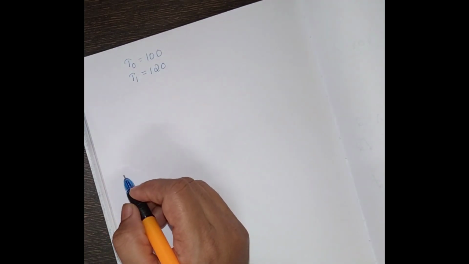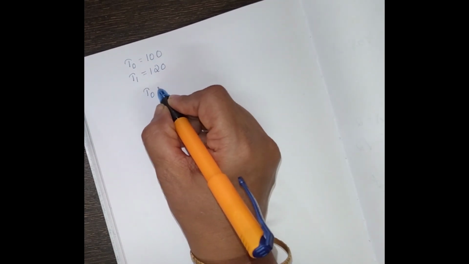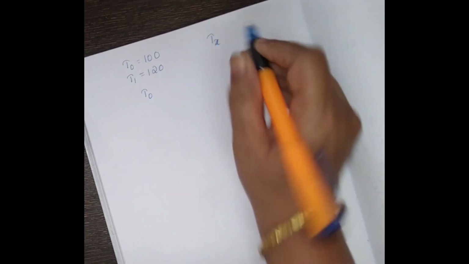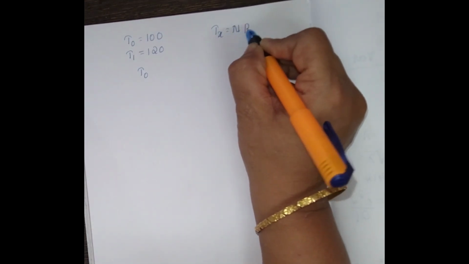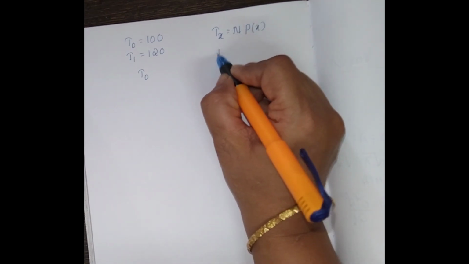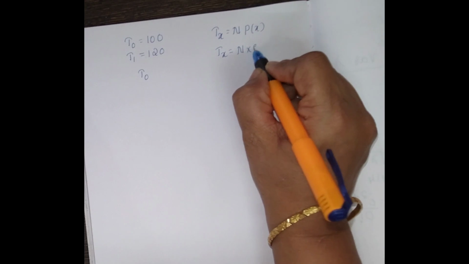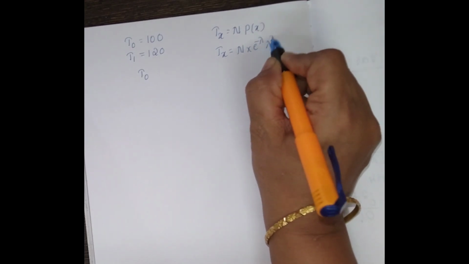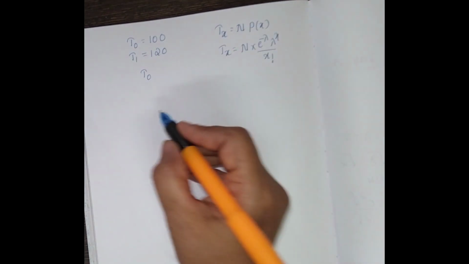Then tx, that is capital Tx, is equal to capital N into p of x, that is N into e to the power minus lambda, lambda to the power x divided by x factorial. This is the frequency function formula.